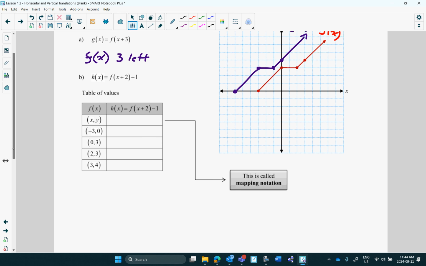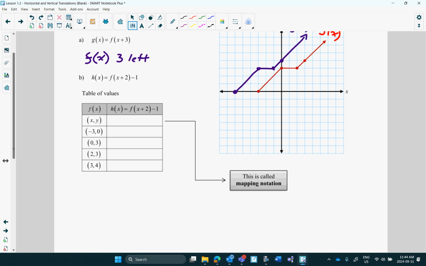Another way you could do it is something called mapping notation, where you take points on the original graph, like the points here, here, here, and here, all four of those points. And then you write the new points on the transformed graph.